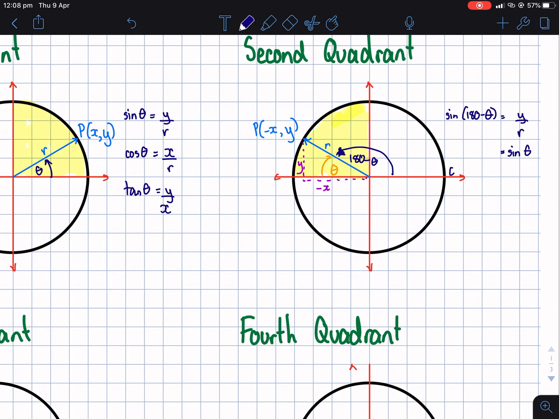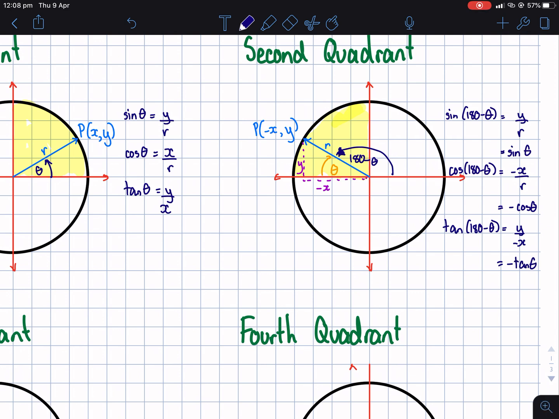But if I'm looking at cos 150, for example, then this would be minus x on r, which would be minus cos theta. And if I'm looking at tan, it's y on minus x, which gives me negative tan theta.